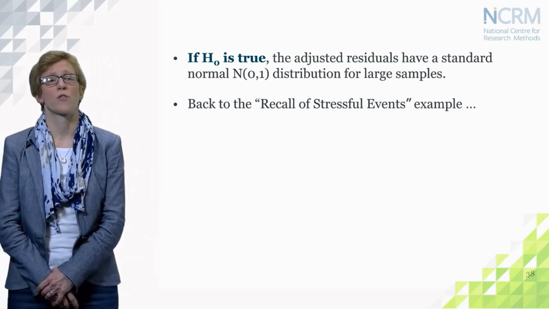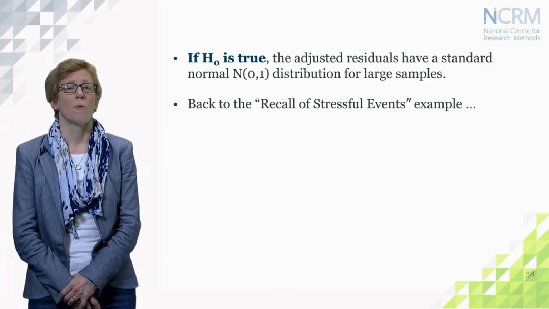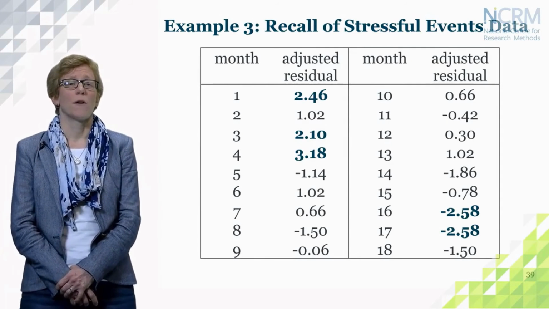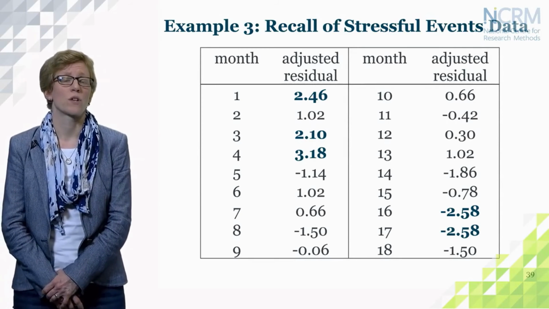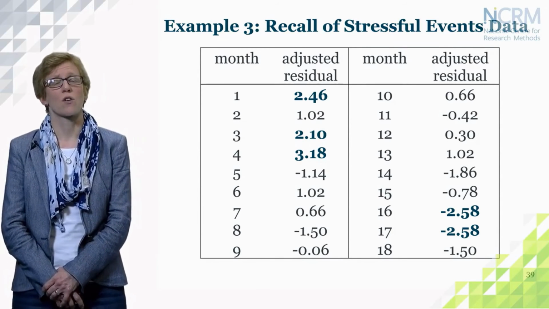Looking at that for the recall of stressful events example, that basically means that we look at the adjusted residuals, and we would like to see how they compare. So we compare the observed and the expected values divided by the standard deviation of that.